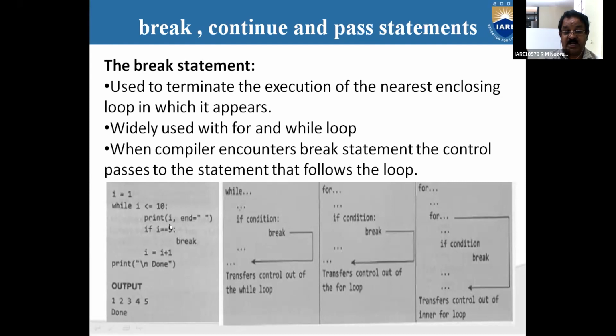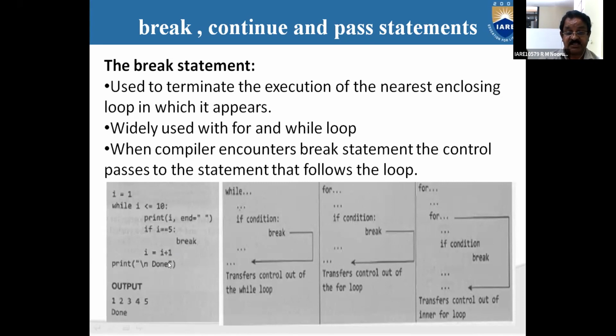The rest of the loop is not going to be executed. It is supposed to print up to 10, but it is going to print only up to 5. Why? Because you have given the condition. Since that condition has been satisfied, the nearest enclosing loop is going to be terminated.